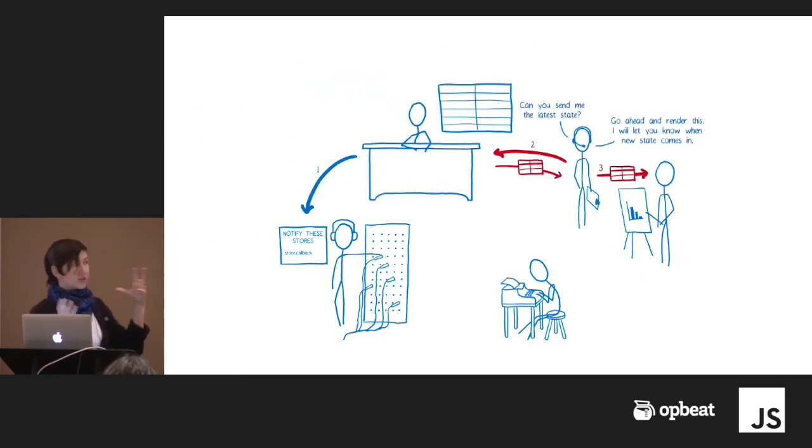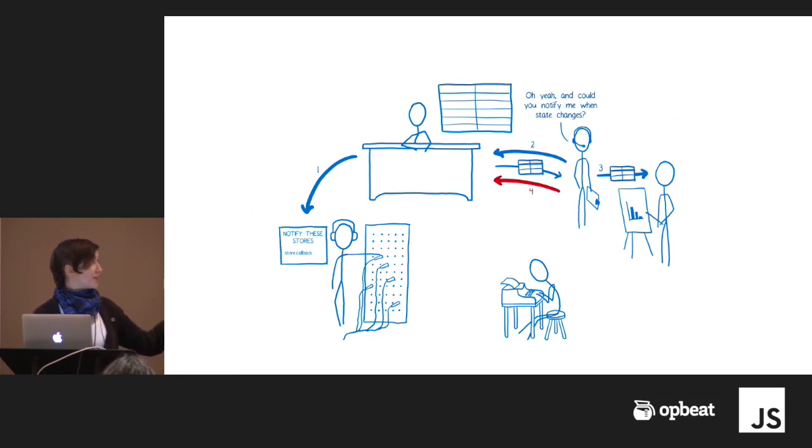And then the controller view will talk to the store and will say, hey, can you give me the state, whatever initial state you have, and I'm going to send that down to my views. And so the store sends the state, which the controller view sends down to the views below it to render. This is the initial render of the app.